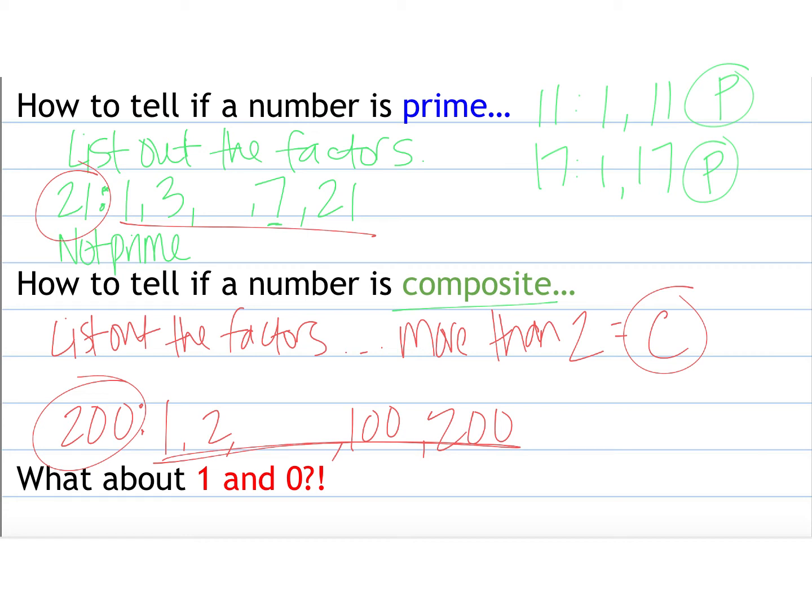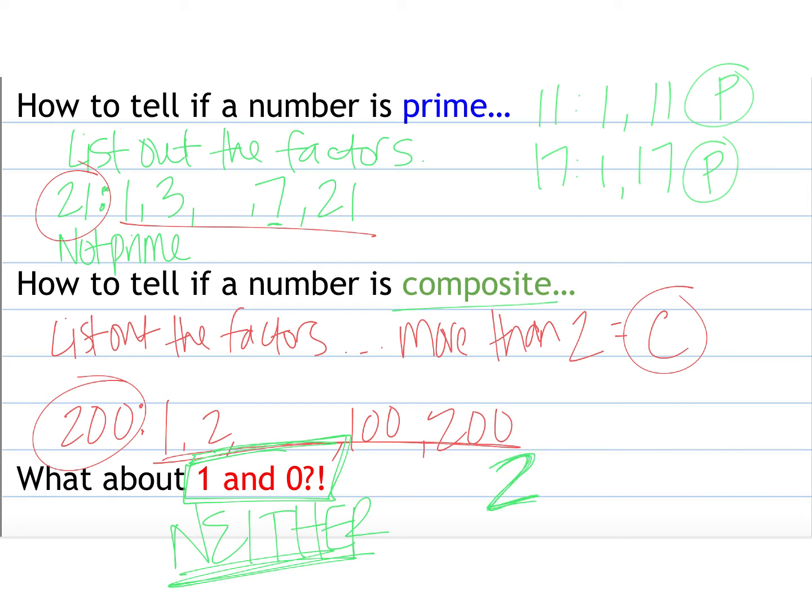So what about 1 and 0? I want you to write this in your notebook, circle it and highlight it. 1 and 0 are neither prime nor composite. 1 and 0 are neither. And then I want you to write 2, because if we think of the factors of 2, it's just 1 and 2, which is 1 and itself.